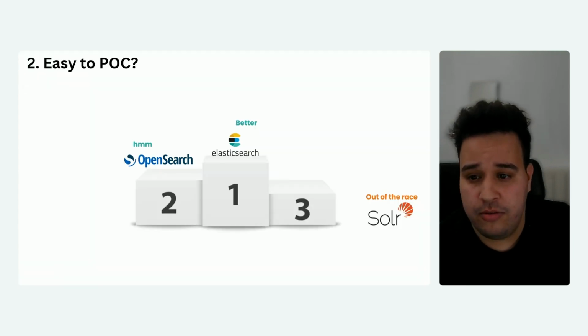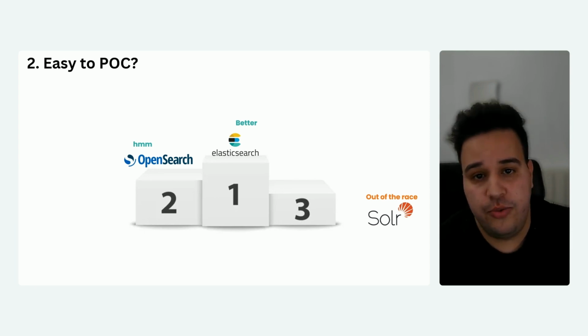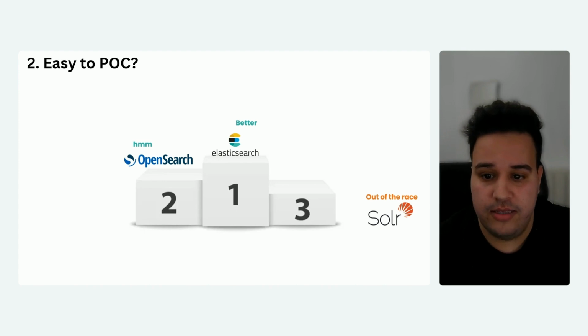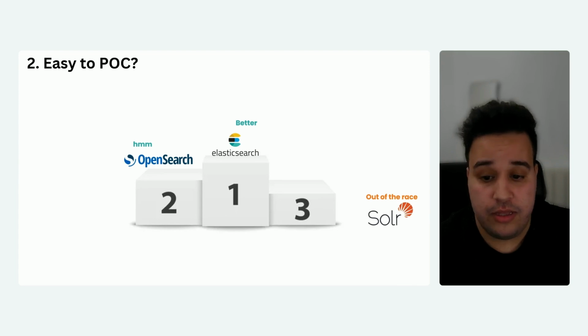So if you want to sum up what we have just seen in terms of the comparison between Elasticsearch and OpenSearch when it comes to ease of getting started, we can say that Elasticsearch provides a better experience and a better incentive to use their product, namely with the free trial and the guidance that they give you when you are just onboarding.